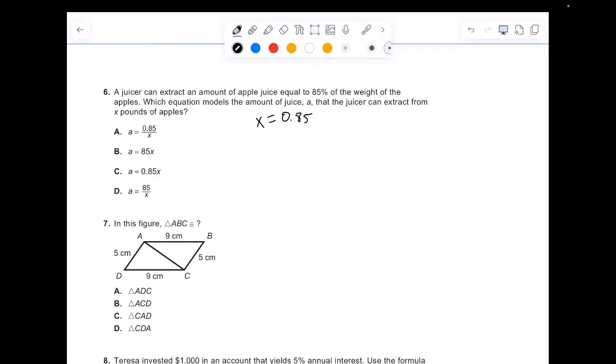For every apple, you can get 85% of the weight of the apples. It's of the total weight of apples. Okay. So it's just going to be 85% of the total weight is equal to the amount of juice that you can get.